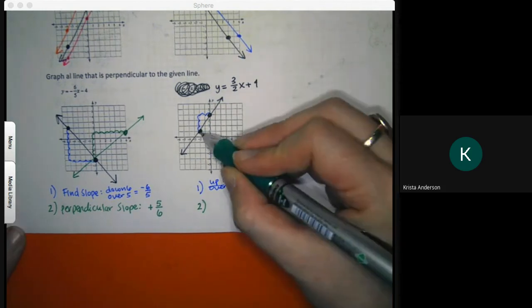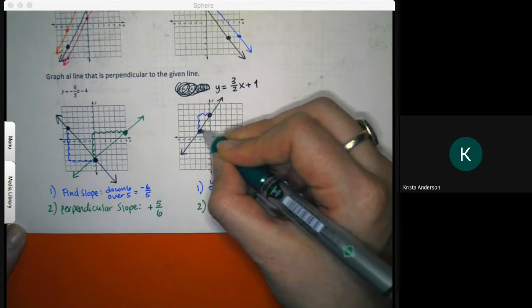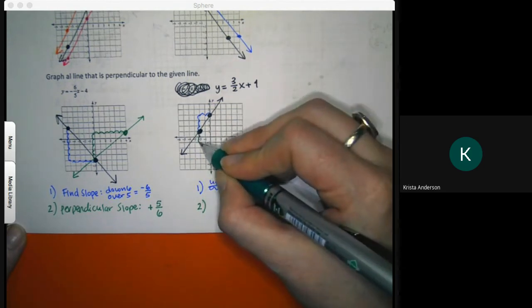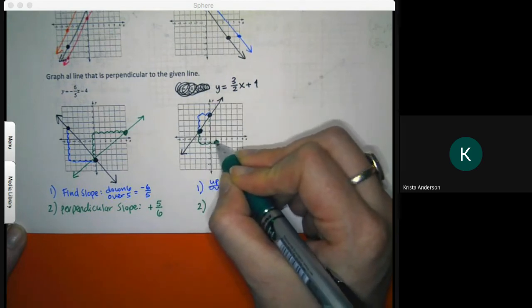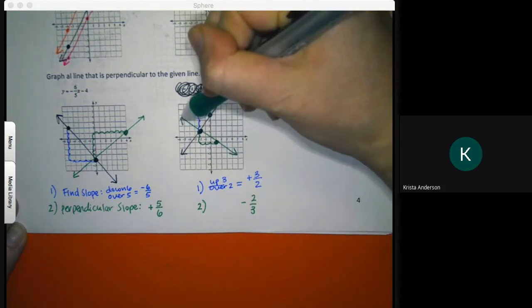which means I can click on either point. I'm going to just start here on this bottom one. I'm going to click here. Then I go down 2 over 3. Click, and it creates a line that is perpendicular.